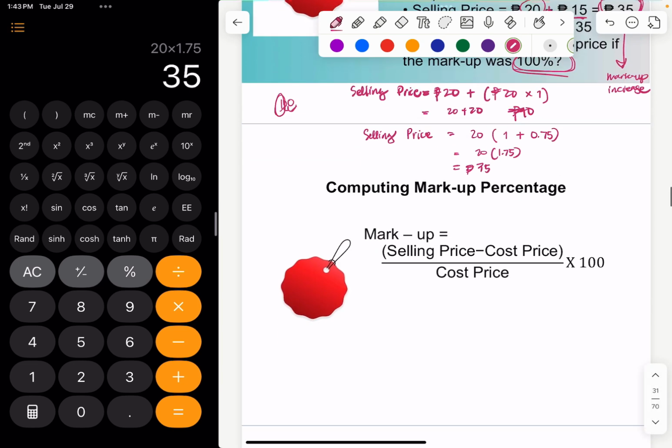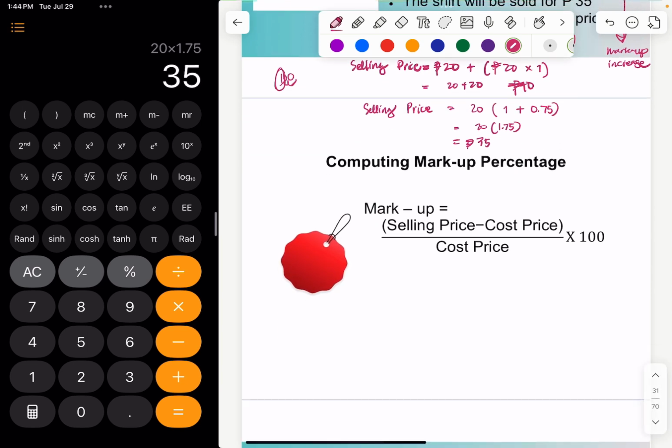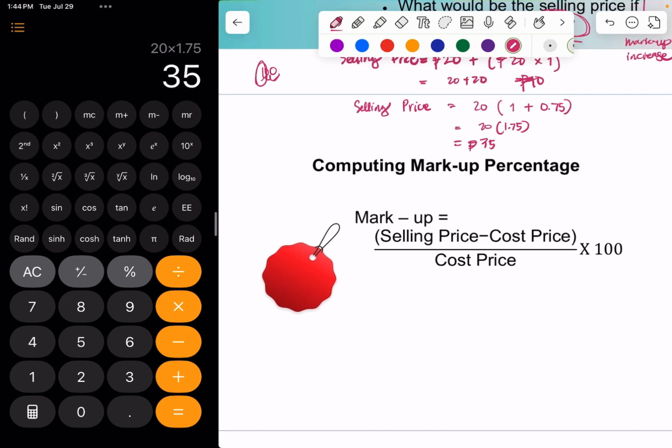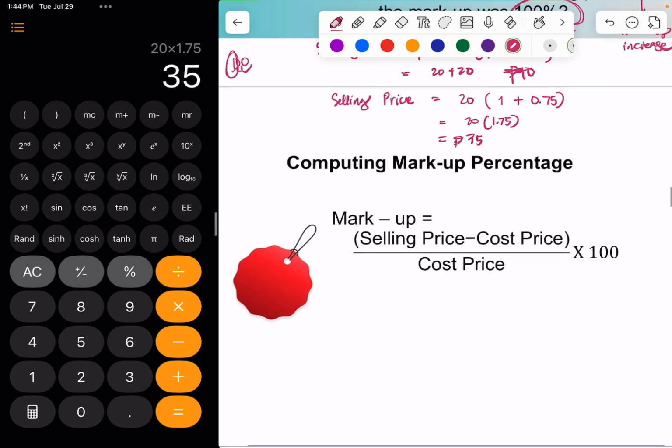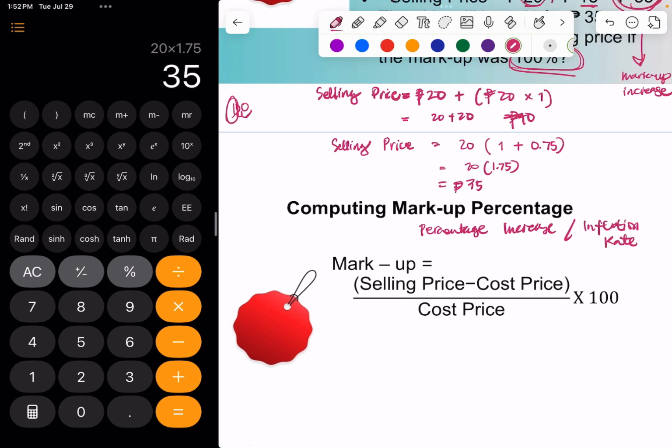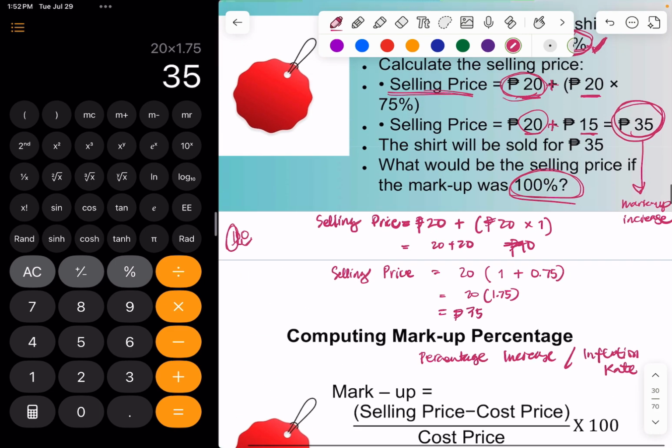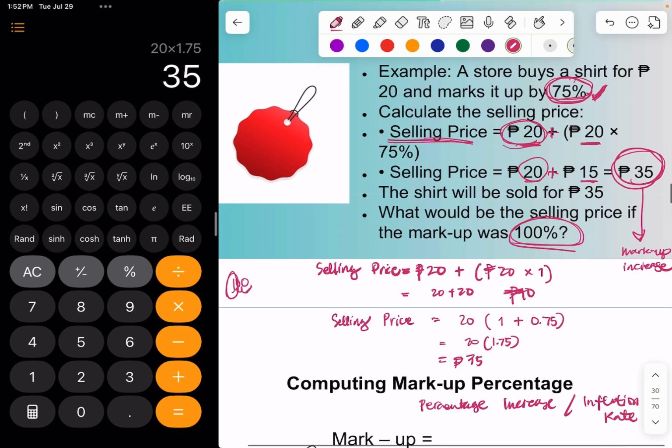Okay, we also have this computing markup percentage. This is just like solving for the percentage increase or the inflation rate. The process is the same. Okay, so you can use this formula. For example, let's have this one. The new selling price here is 35.